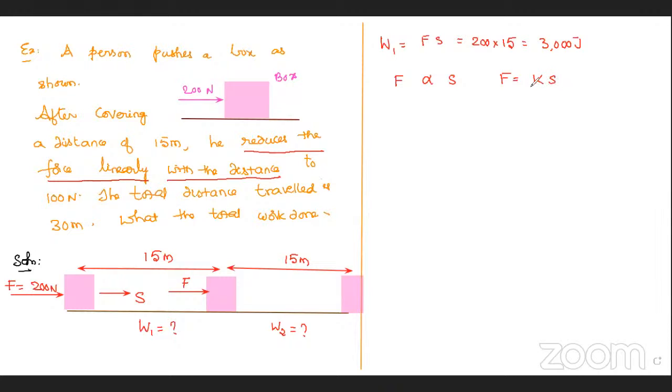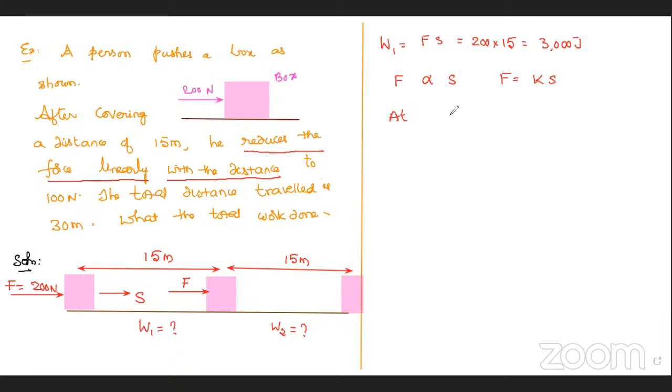And it is decreasing from 200 to 100. Means if you put S equals 15, you have to get F equals 200. If you put S equals 30, you have to get F equals 100.